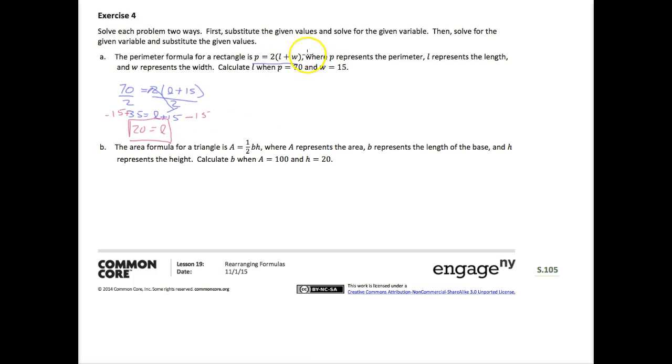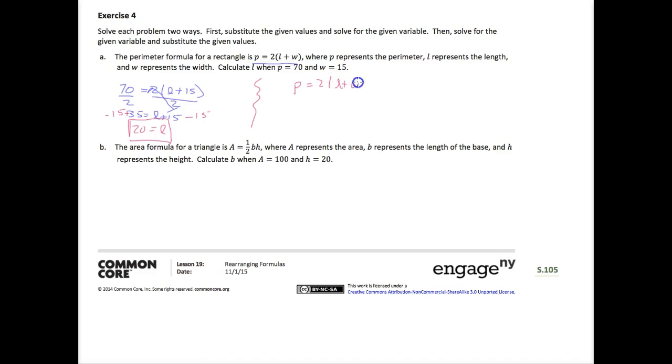Now it also says that we need to solve for L and then do it. So let's see. We've got P equals 2 times L plus W. It's supposed to be an L, you guys. Let me turn this into an L. We can do it.